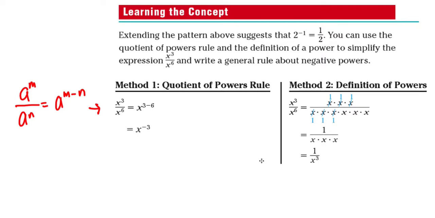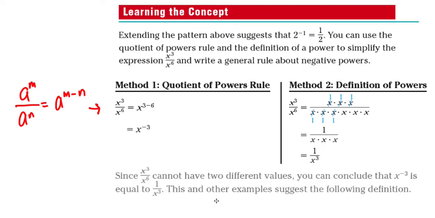So x to the negative 3 should be equal to 1 over x cubed. Since x cubed over x to the 6th cannot have two different values, you can conclude that x to the negative 3 is equal to 1 over x cubed.